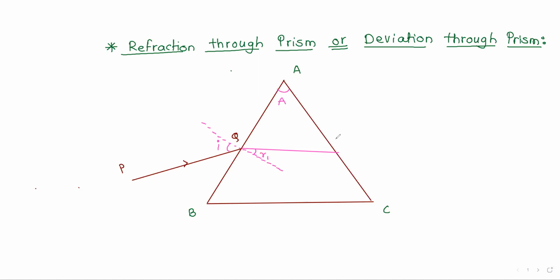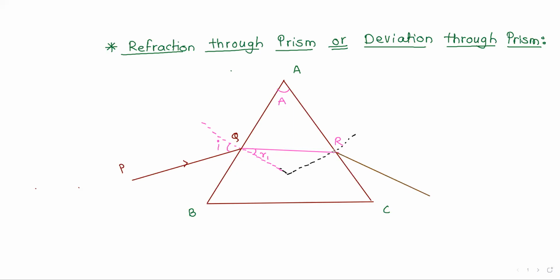Now this ray QR suffers one more refraction when it is incident on the surface AC. So at the point of intersection, again we will draw one normal. The light ray is entering from the denser medium to the rarer medium, so it will go away from the normal.